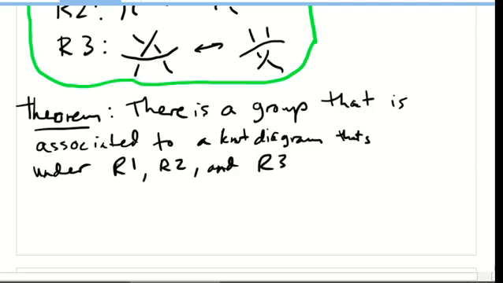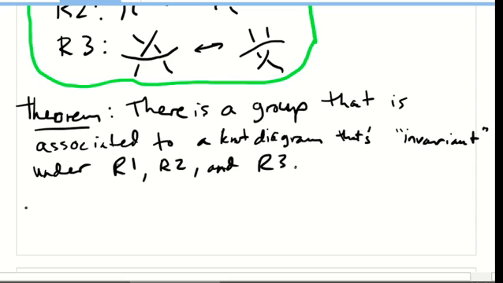Okay, so if you have two knots that are different under ambient isotopy, they might have the same group here, but if they have different groups, called the fundamental group, we know that they are not the same.